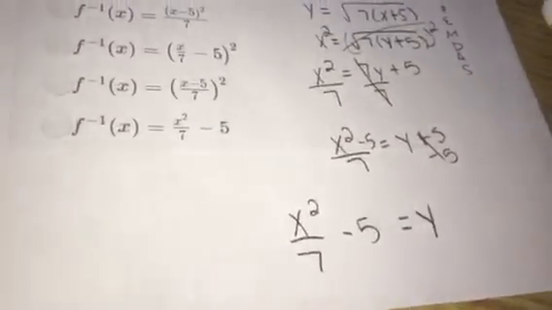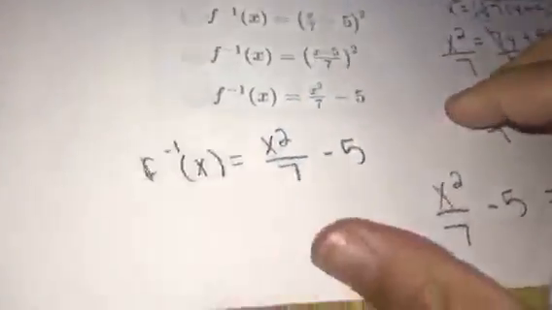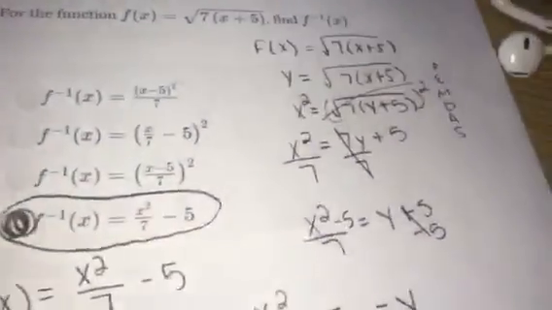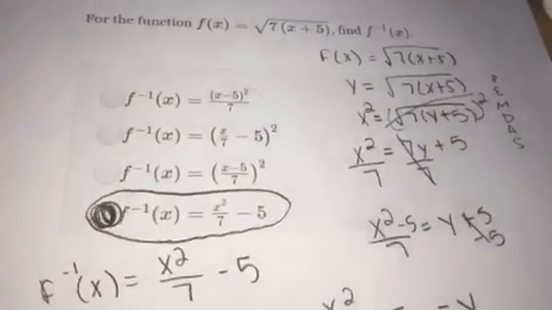To write that in the correct inverse form, it would be f negative 1 of x equals x squared over 7 minus 5. And we come up here to our answer choices, and we notice that it is this last one right here. And that's it.